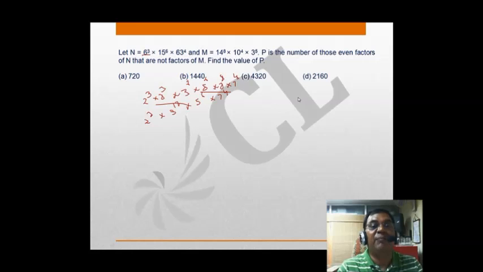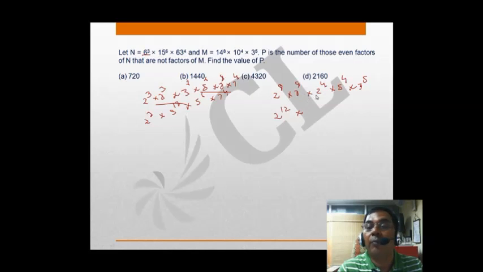The second number I take: 2 to the power 8 into 7 to the power 8 into 2 to the power 4 into 5 to the power 4 into 3 to the power 5. So it will become 2 to the power 12 into 3 to the power 5 into 5 to the power 4 into 7 to the power 8.